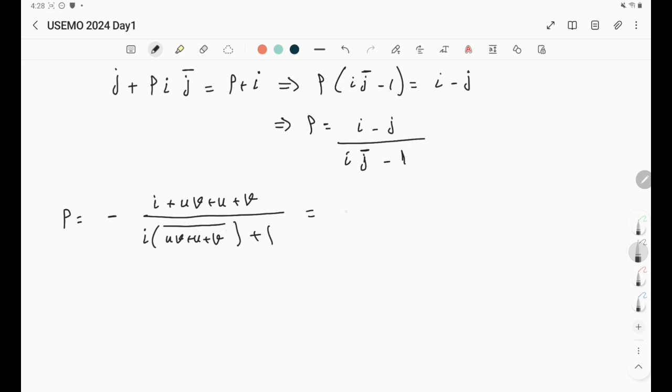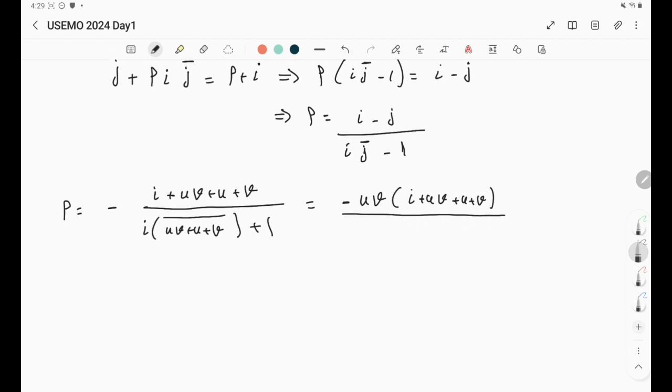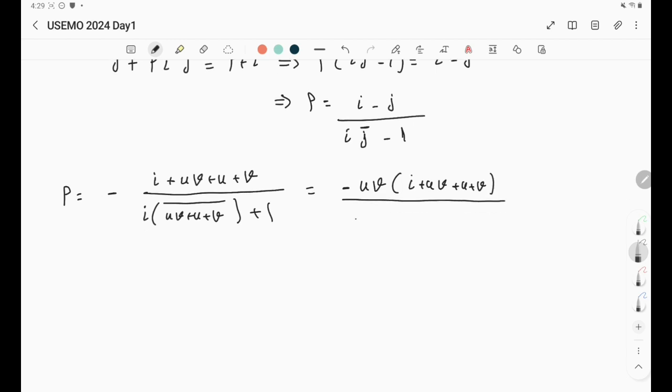So it's going to become minus UV times I plus UV plus U plus V divided by I times, if you multiply by UV, it's going to become 1 plus U plus V plus UV. Nice. So this is basically P. Okay, so this is our P.